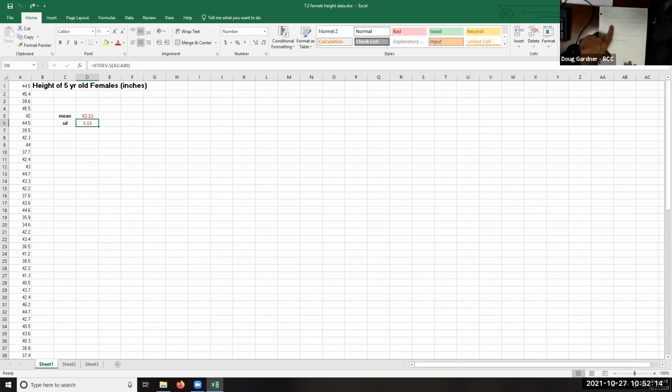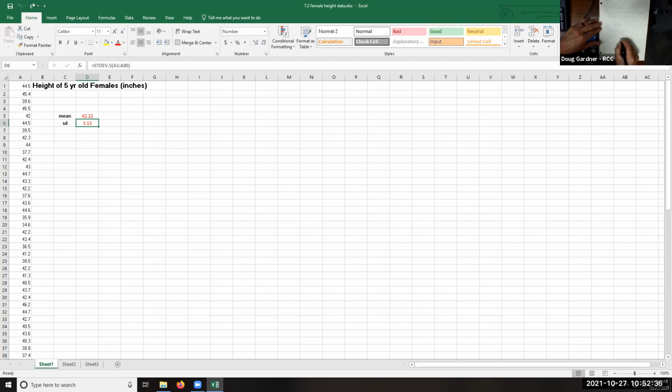The mean is 42. So I want you to think about this. This is kind of cool. Everything we did the other day, the mean was centered at 0. Well, the mean was always going to be right here. Does that make sense to you?